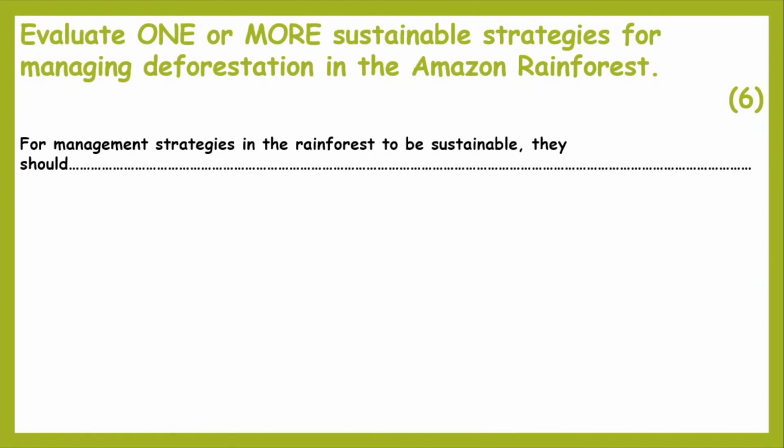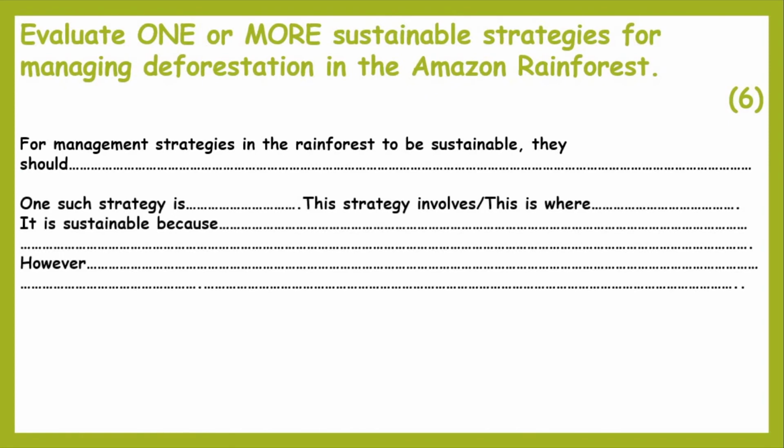And then you're going to talk about your 1 or more strategies. So one such strategy would be, this strategy involves, this is where, it is sustainable because, however. So what you've done here is you've said what's good and what's bad. Now because it's a sustainability question, if you can use words like, it is sustainable because it provides jobs for local people who otherwise, with low literacy levels, would struggle to access a job to support their family, which means it's economically sustainable.